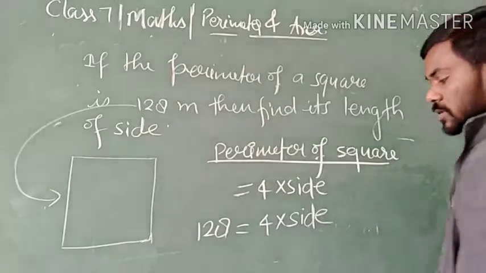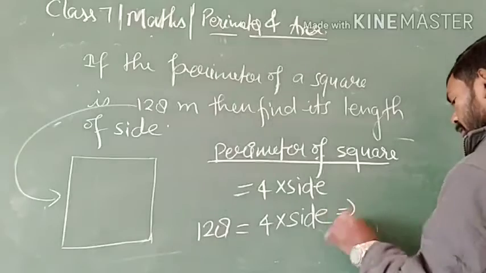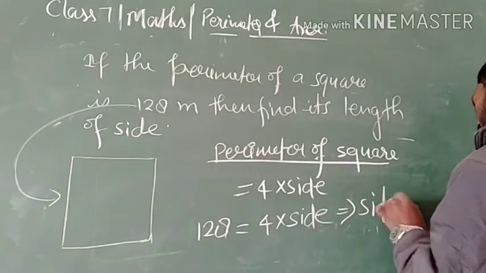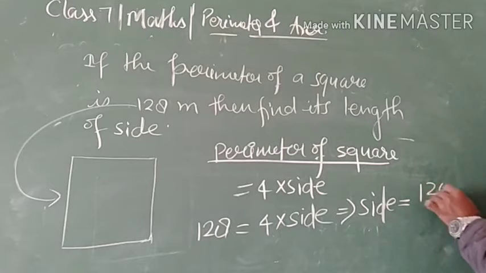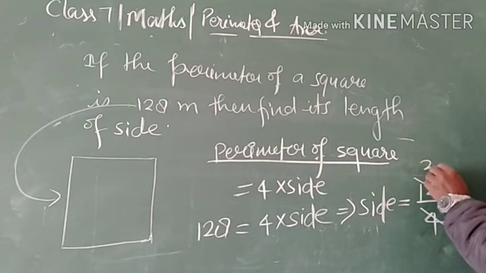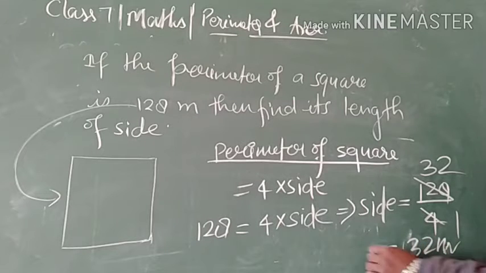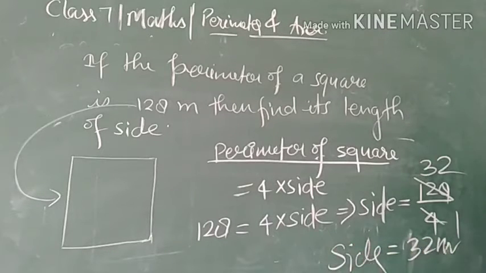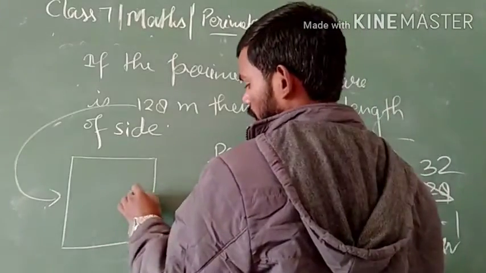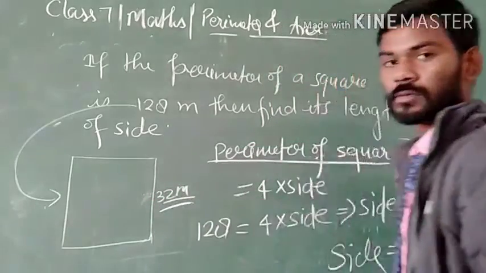Okay, now transpose 4 to the left side. So here we get side is equal to 128 upon 4. And here we get 4 ones are 4, 4 threes are 12, 4 twos are 8, and hence we get 32 meter, which is the side of the square. Therefore, the side of the square is 32 meter.